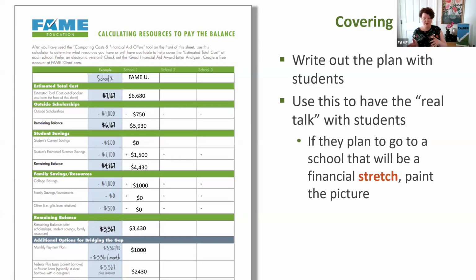But then come the third year, once the parents have already co-signed for $50,000 worth of loans, if their overall income is really close to that debt level, you're going to run into debt to income ratio problems. And those private student loans might not offer them any more loans, or as the cosigner. So then you run into some other challenges. Use these forms to have those conversations and talk about how much student loan debt is too much. It talks about all of that at the bottom of the sheet.